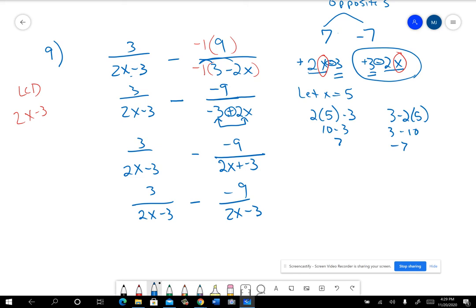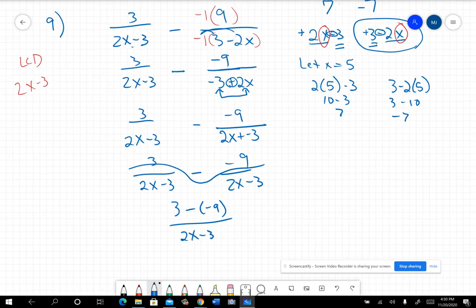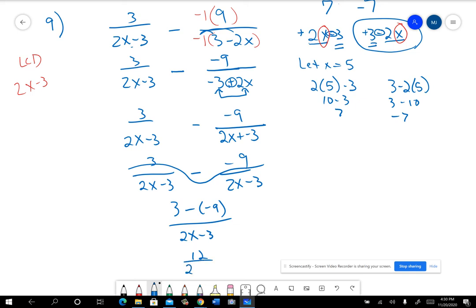You can just multiply the top and the bottom by negative 1 to create matching denominators. Then you would just add or subtract the numerator. So that would be 3 minus negative 9 over 2x minus 3. That would turn into 12 over 2x minus 3. And you can't simplify that, so you'd be finished.